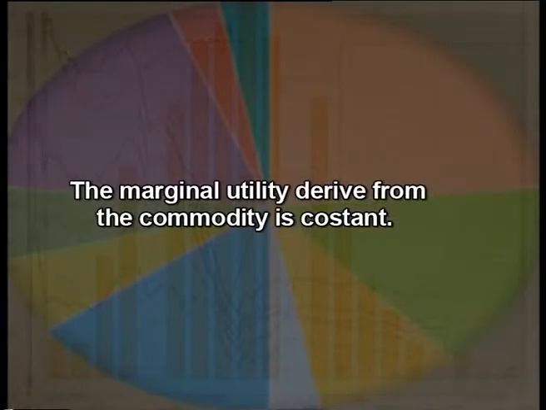Now let us consider a case where the marginal utility derived from the commodity is constant. For example, if each additional unit gives the consumer the same additional amount of utility, then also we would not be able to justify this.